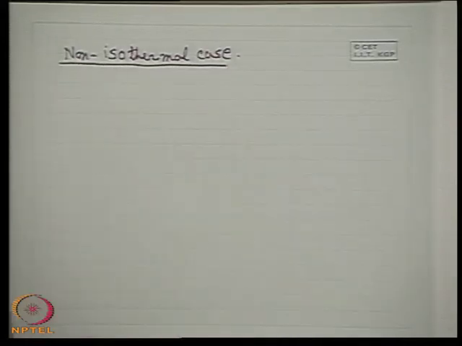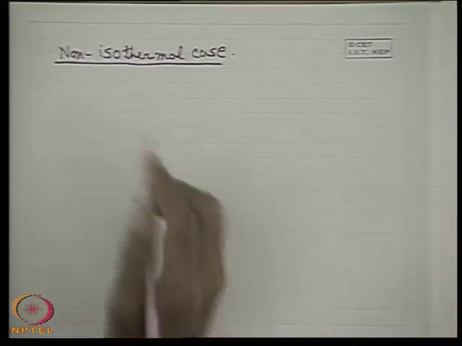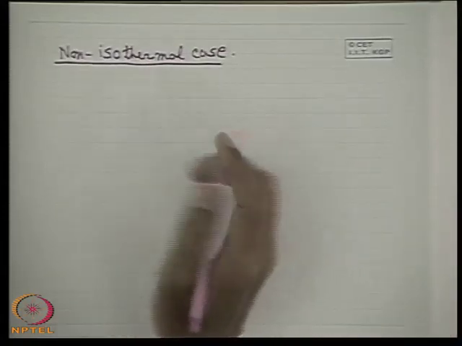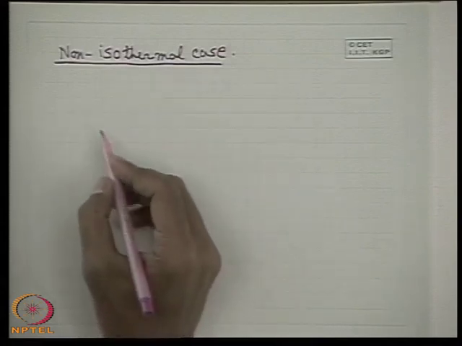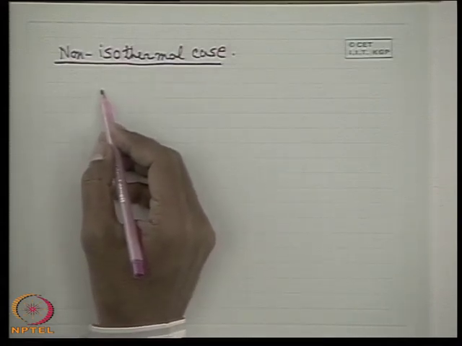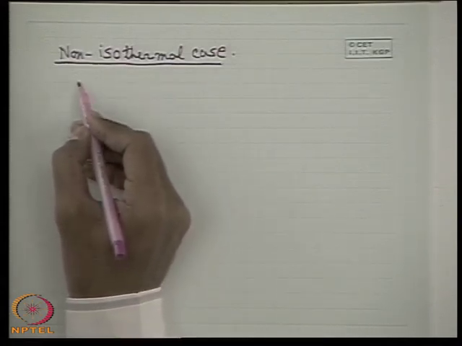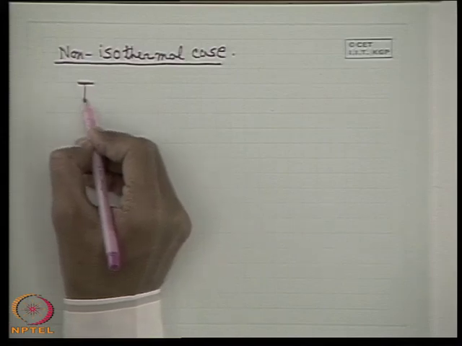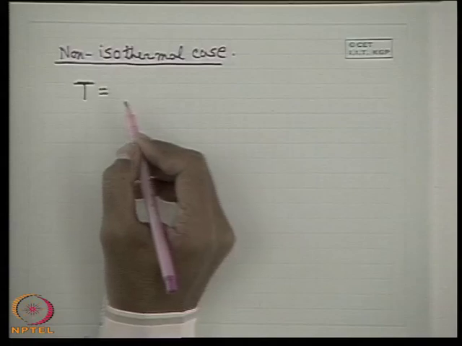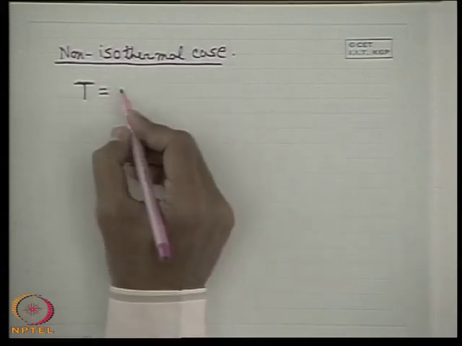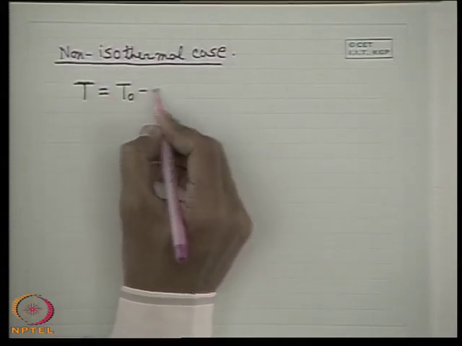In this regard I would like to tell you one thing: in our atmosphere, the temperature up to a certain height changes linearly with the altitude, and if we express the temperature in that level of atmosphere from the earth's surface, we can write it this way.